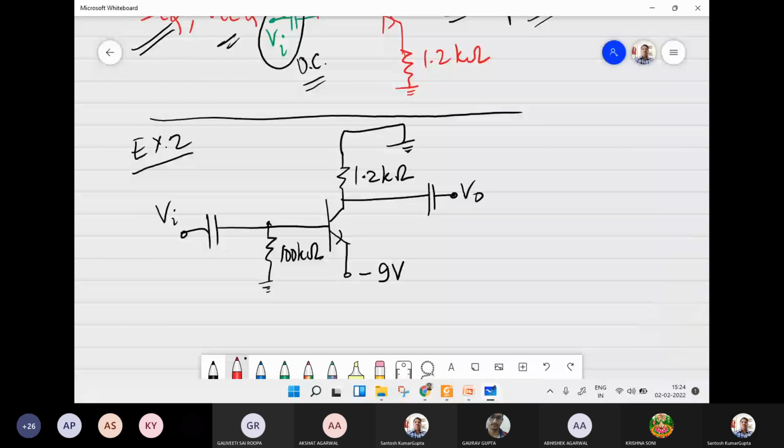Let us say VB and VC, and the current also we can find out. Let us say we need to find out the current also. So how to proceed here for such a circuit?